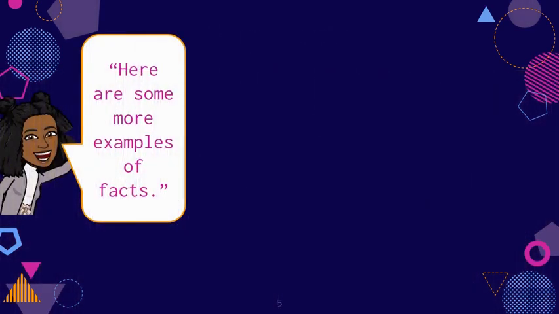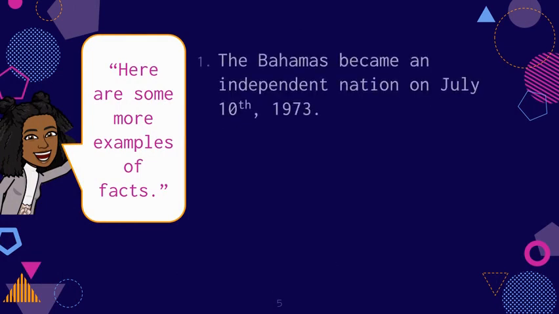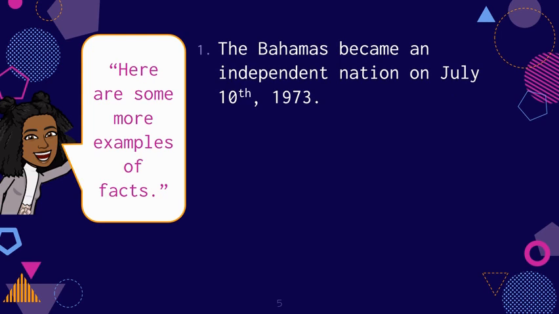Well, boys and girls, I know that you are super smart. Here, I'm going to give you some more examples of facts. I wonder if you can help me out by saying, how do you know that this is a fact?